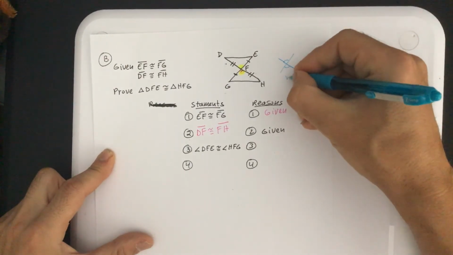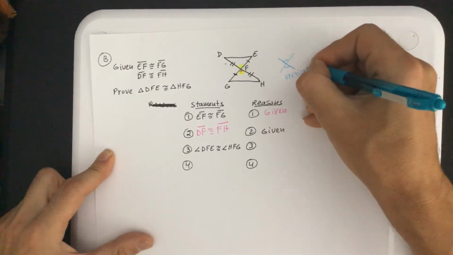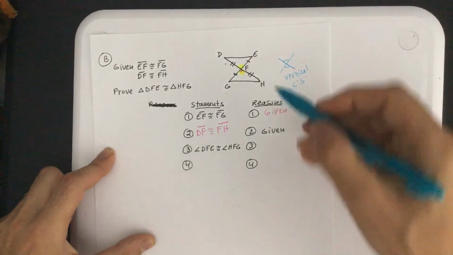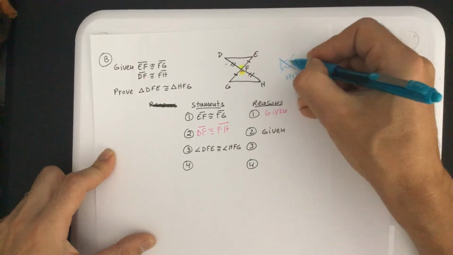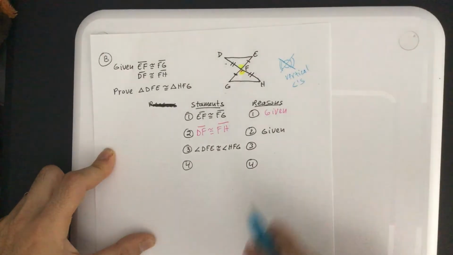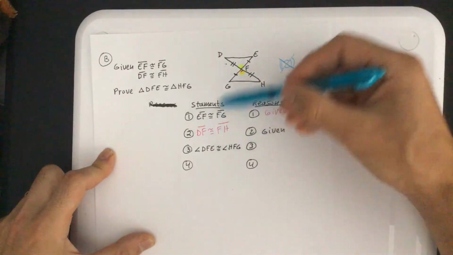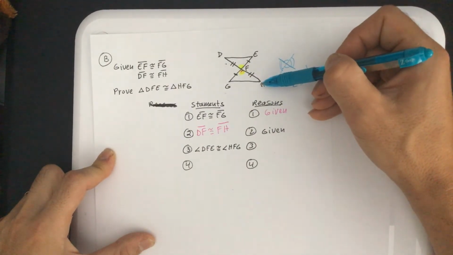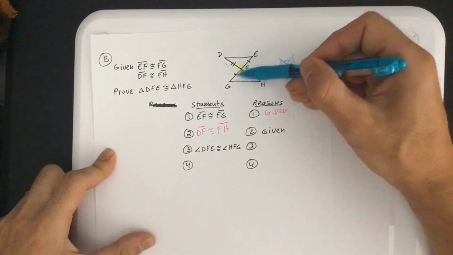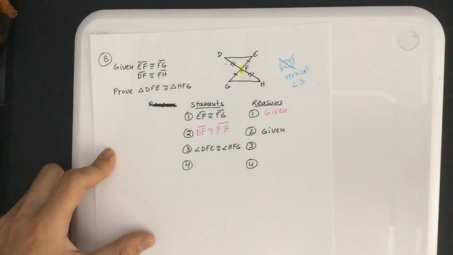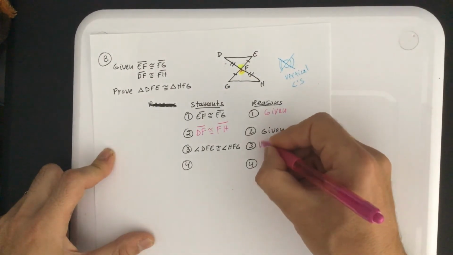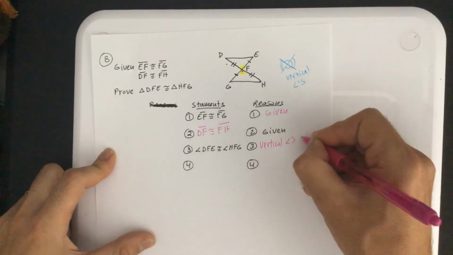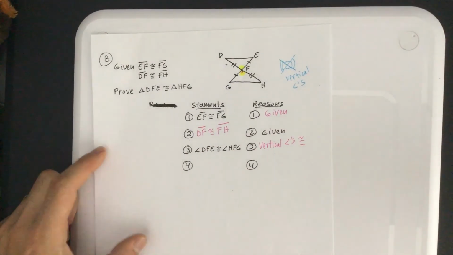It's called vertical angles. And also this one over here with that one right there. So the reason for angle DFE to be congruent to angle HFG is because vertical angles are congruent.